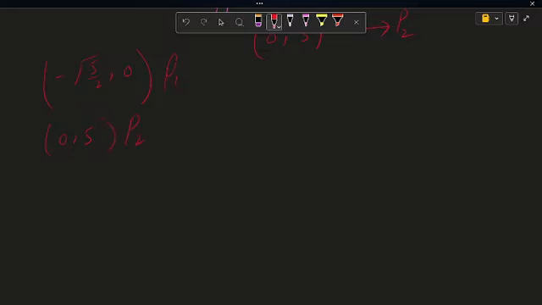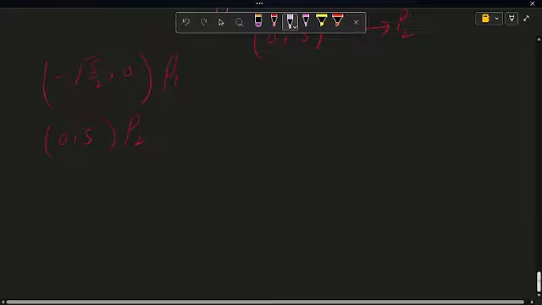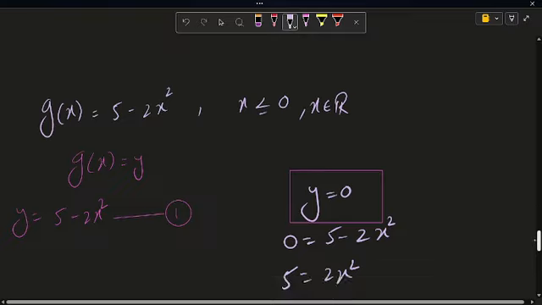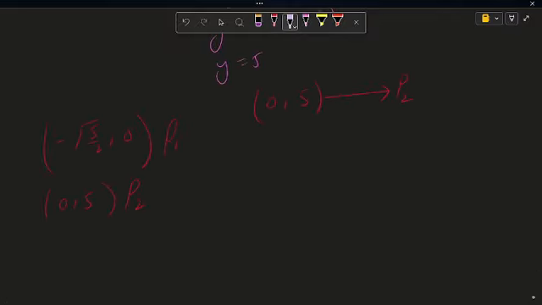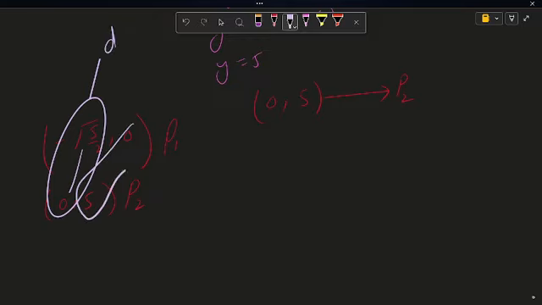Now I am going to make a graph for it. The graph for g of x, because I did not find the inverse yet. This is only for the normal function, that is g of x. The x values are the domain, and the y values, 0 and 5, will be the codomain.